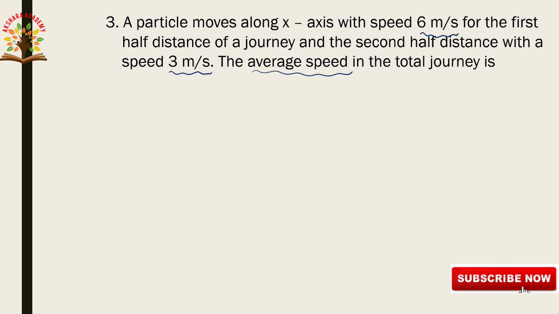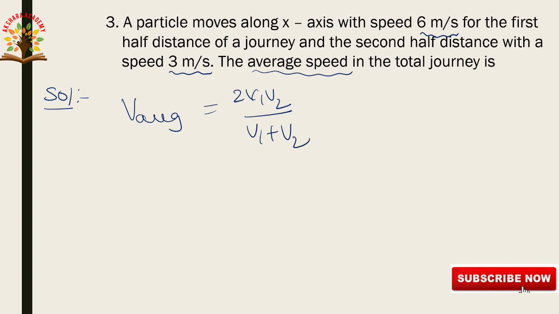Here you have to calculate average speed. Let us go to the solution. Average speed V average is equal to 2 V1 V2 by V1 plus V2. Substituting the values, V1 is 6 and V2 is 3. 2 into 6 into 3 by 6 plus 3.